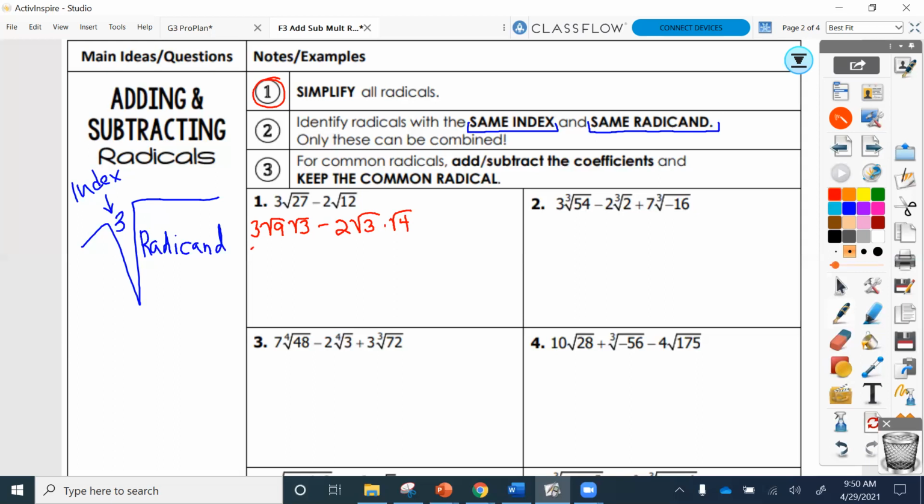So there's 3, then the square root of 9 is 3. Bring down square root of 3 that we can't do anything with. Bring down this square root of 3. And the square root of 4, we can simplify to 2. So what we have here is 3 times 3 are 9 root 3s minus 2 times 2 is 4 root 3s.